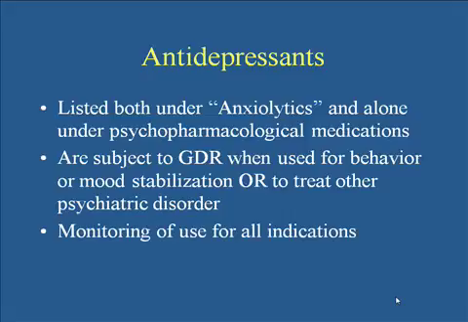But we do need to realize that of the classes of antidepressants we have, many of them are used for antidepression, many of them are used for anxiety, and some of them are used for pain control or prophylaxis of pain. So it kind of depends on the use, but the gradual dose reduction requirement is the same regardless of how they're being used.